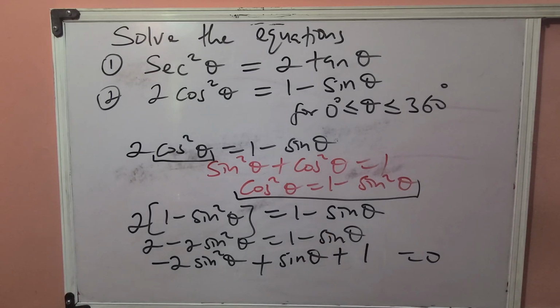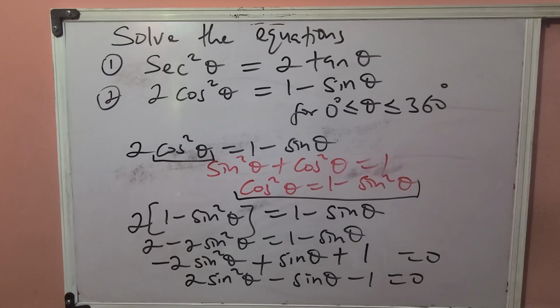One other thing I want to do is, because it's not very proper to start an equation with a negative, I want to multiply through by minus so that I can make this start with a positive sign instead of a negative sign. So multiplying through by minus, I would have 2 sine squared theta minus sine theta minus 1 equals 0. So again, this already looks like a quadratic equation.